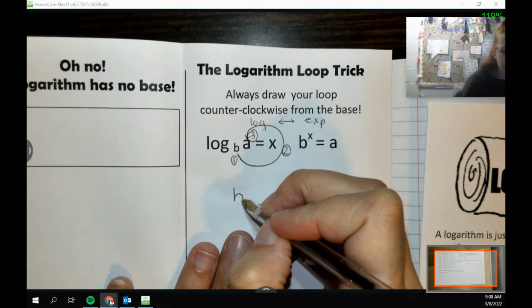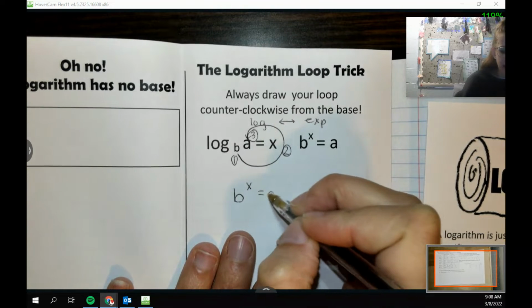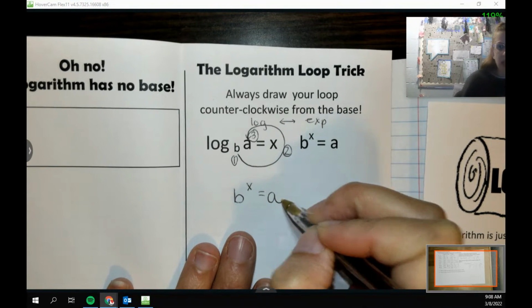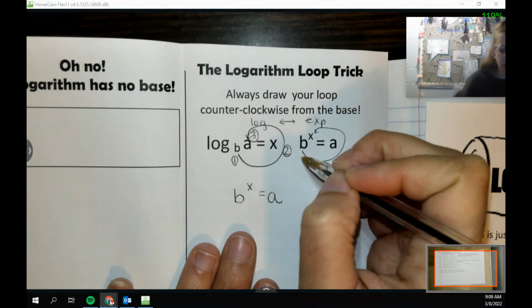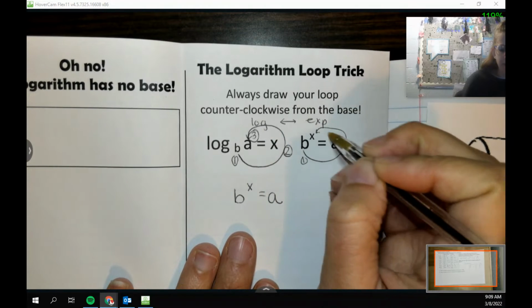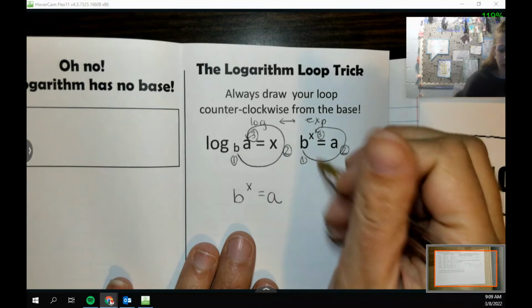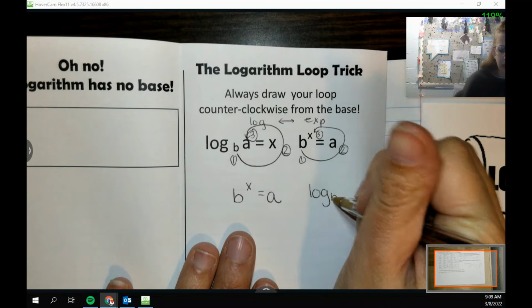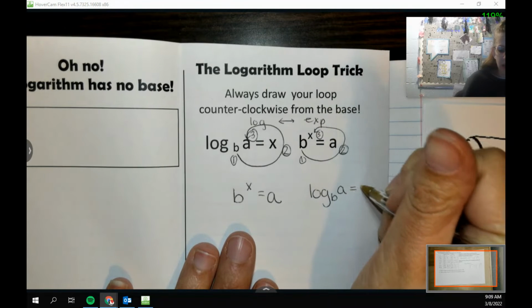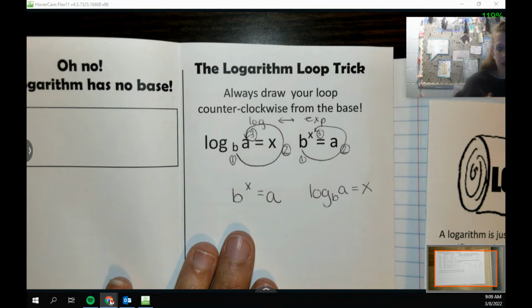So I start with B, I go to X, I end with A. The same thing happens with an exponent. So I start at my base and I loop around. I started here, I passed by here, and I ended there. Now I need to add a logarithm. So log base B of A is X.